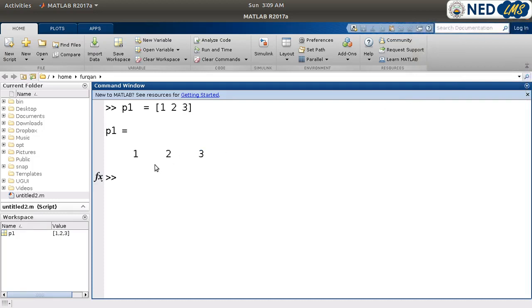So here I have defined a polynomial x square plus 2x plus 3.